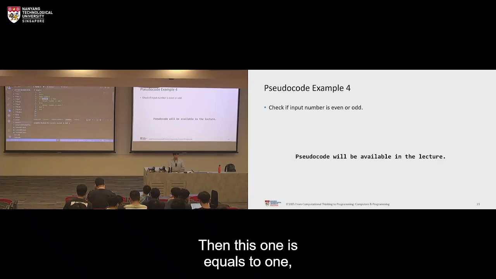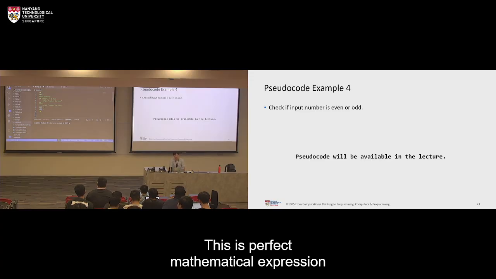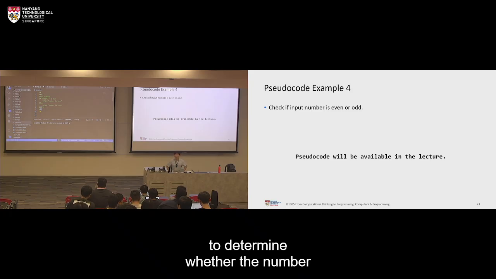Then if this equals 1, then number is odd. Else number is even. Then end if, then end the program. So this is perfect mathematical expression to determine whether the number is even or odd.